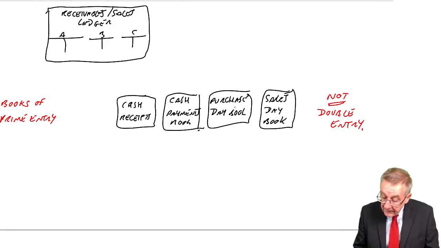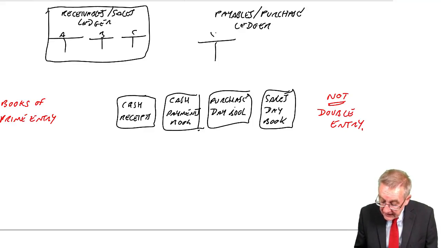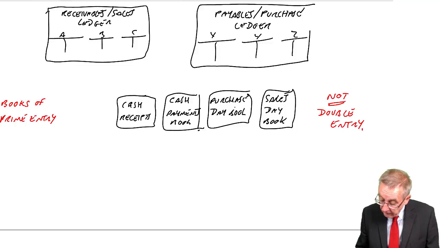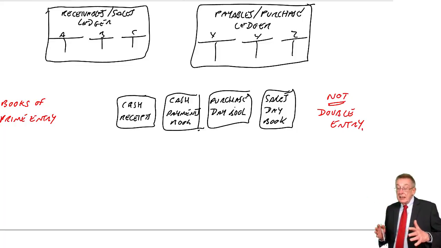We've also got a payables or purchase ledger. Got accounts for Mrs. X, Mrs. Y, Mrs. Z, and so on. But 2 books with, again, pages for each customer and each supplier.